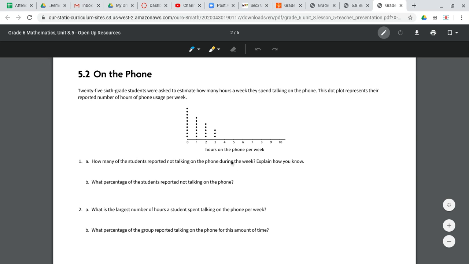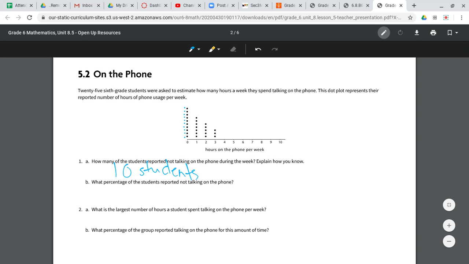Explain how you know. So if we look, we've got 1, 2, 3, 4, 5, 6, 7, 8, 9, 10. So we have 10 students who didn't talk on the phone at all during the week.